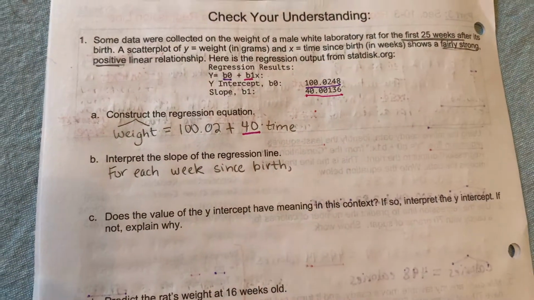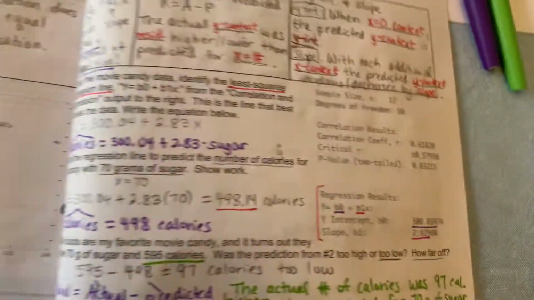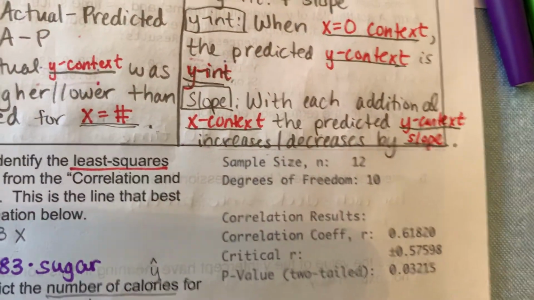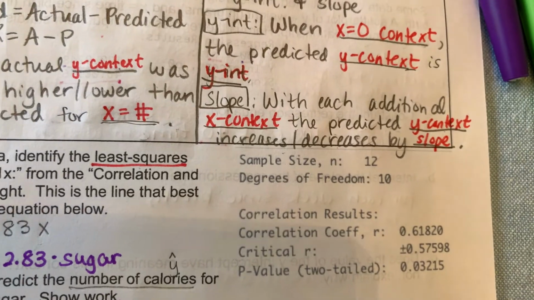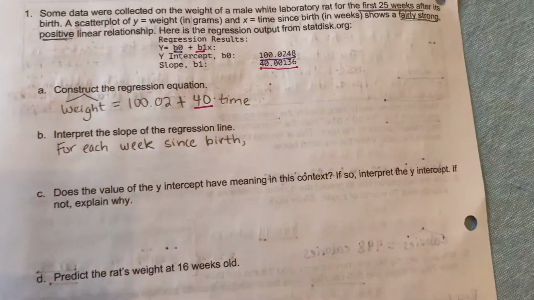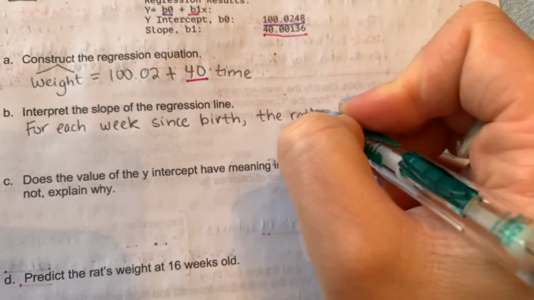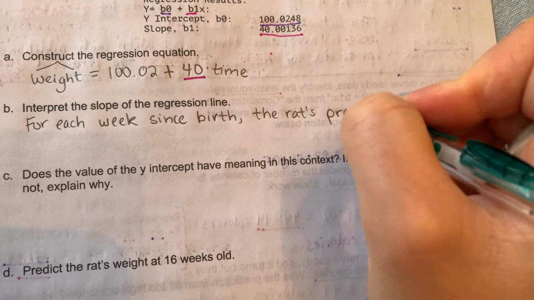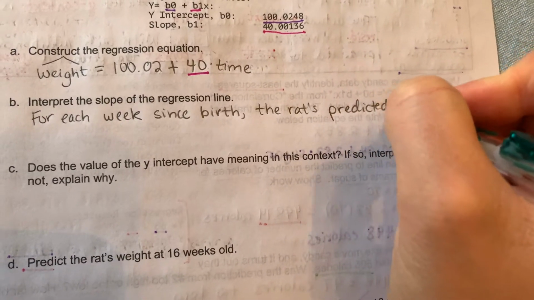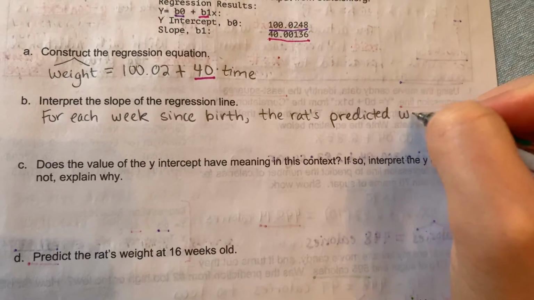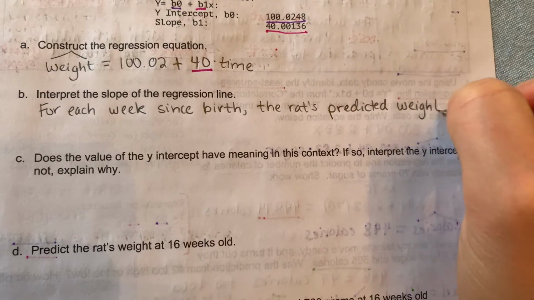Let's look back at that sentence again. For each additional x context, the predicted y context increases or decreases by the slope. So for each week since birth, the rat's, I'm going to try to really put it in context, the rat's predicted, remember that word predicted is so important, the rat's predicted weight, that's the y context.